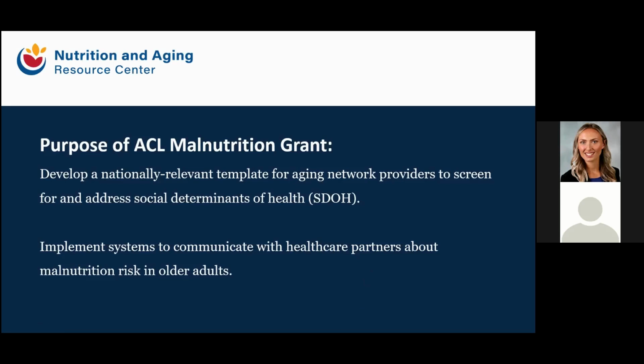All of this can have an improved health and quality of life for our clients. And healthcare organizations also have monetary incentives for partnering with our local community-based agencies.